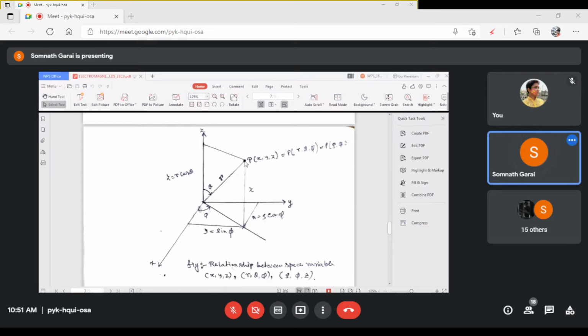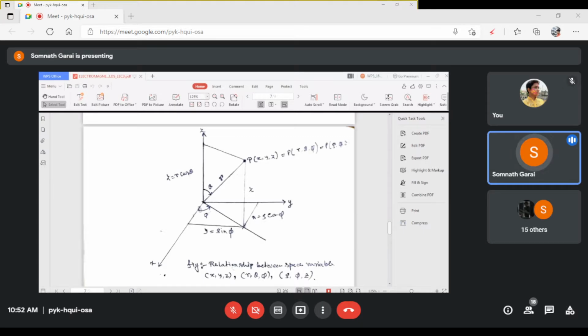If we represent it in a Cartesian coordinate, that is x axis, y axis, and z axis. Just imagine there is a sphere and you have to draw the Cartesian coordinate from the center by cutting horizontally and vertically.